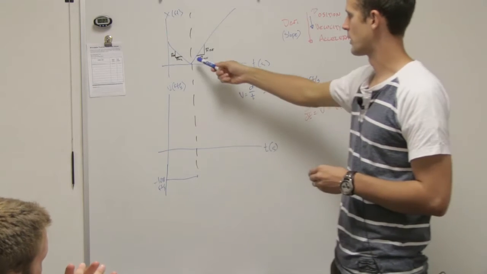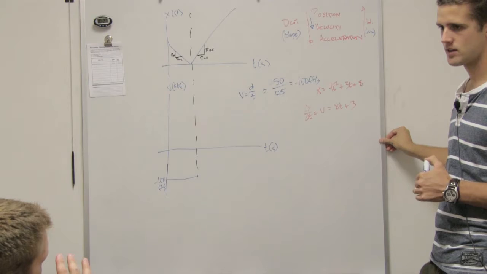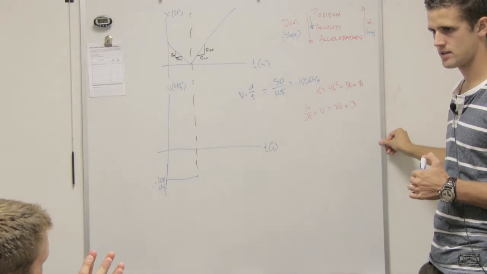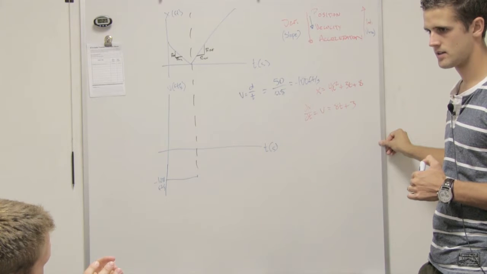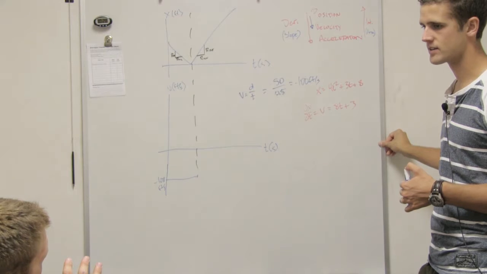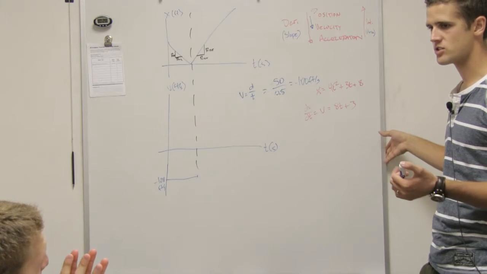So then what about the second part? If you want to find the velocity there, what do you do? It's going to be positive. Is it still distance over time? Yeah, it's rise over run again, and you're finding the slope.